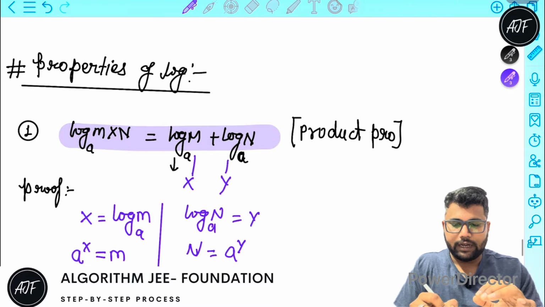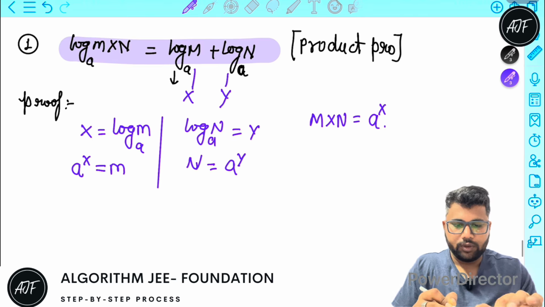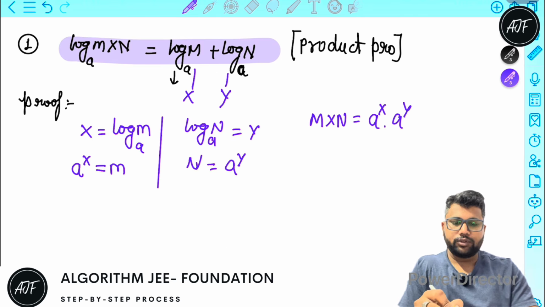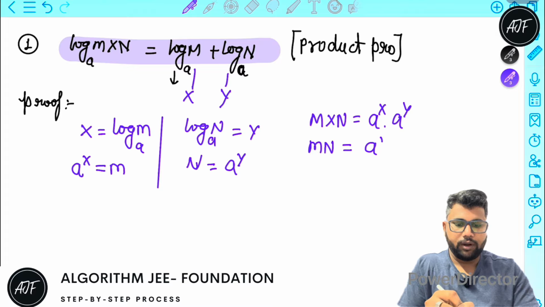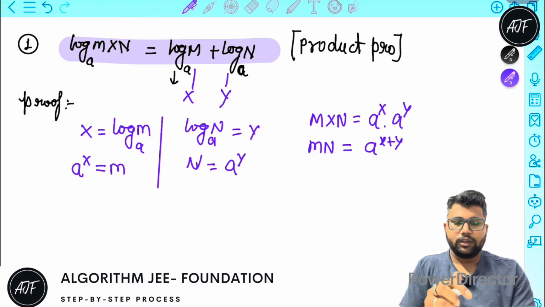Now after that, multiply both equations. So m into n is equal to a to the power x into a to the power y. Simply, if you multiply, then mn is equal to a to the power x plus y, because by the exponential properties it becomes addition.